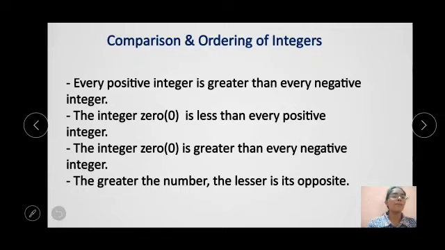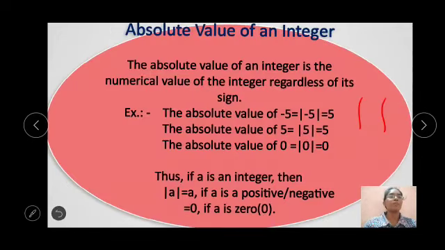The greater the number, the lesser is its opposite. If we have two integers 7 and 8, then 8 is greater than 7, but minus 7 is greater than minus 8. Now absolute value of an integer. The absolute value of an integer is numerical value of the integer regardless of its sign.